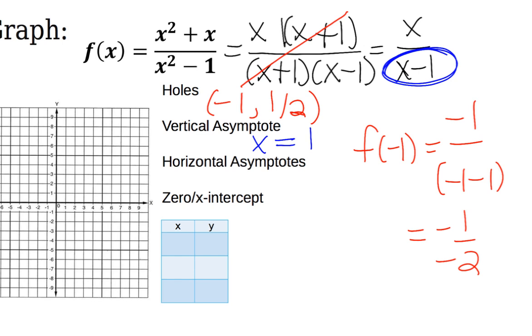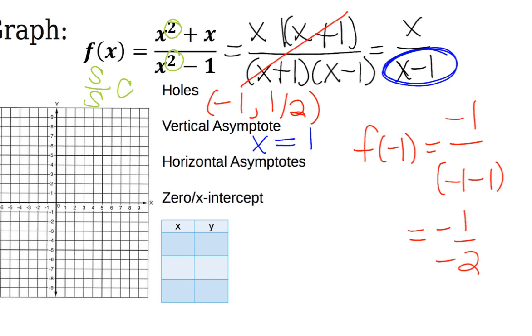And then looking for if we have any horizontal asymptotes. We want to go back and look at our original function. And if we look at our original function, we have a degree of 2 and a degree of 2. So we have the same on the top and the same on the bottom. So that tells us we're going to look at our coefficients.